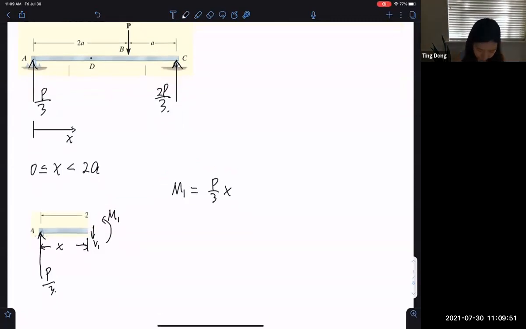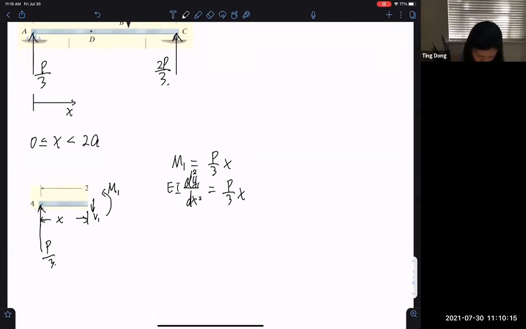And so if we know the bending moment as a function of x, then based on the equation we learned in the last class, EI times the second derivative of y1 equals P/3 x.